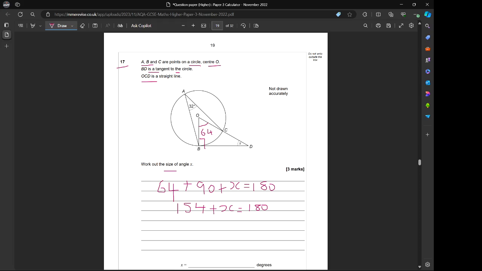Well done, Joey says 26. So you subtract 154 on both sides of my equation, and we get X equals 26. Well done, Amina, spot on, good work. So X equals 26, and that, guys, is my answer for question number 17.